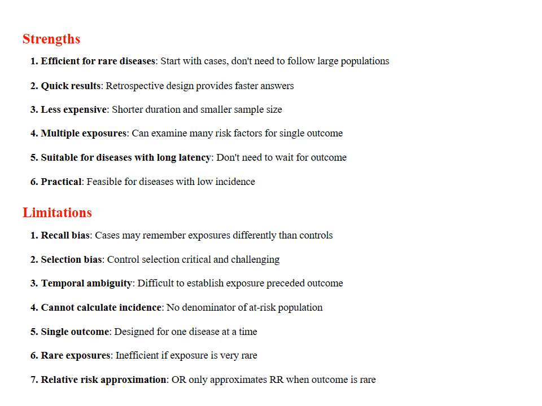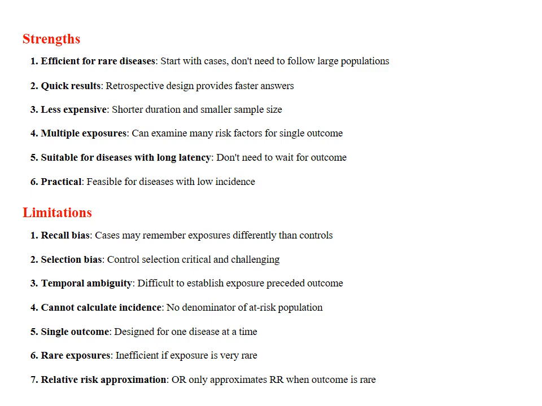Difficult to establish that exposure preceded outcome. Cannot calculate incidence, no denominator of at-risk population. Single outcome, designed for one disease at a time. Rare exposure is inefficient if exposure is very rare. Relative risk approximation: OR only approximates RR when the outcome is rare.